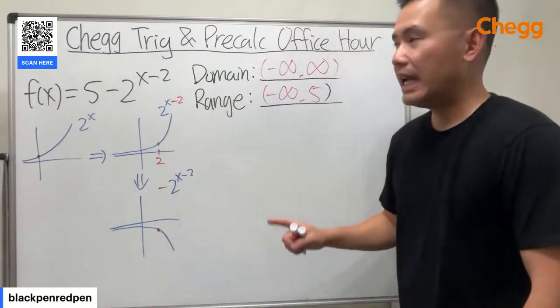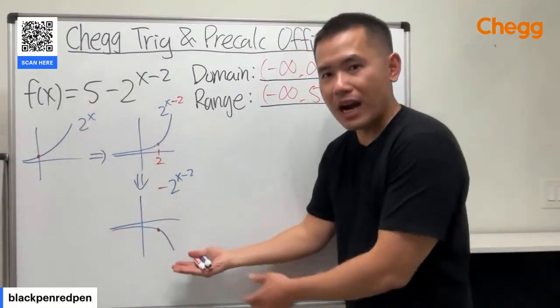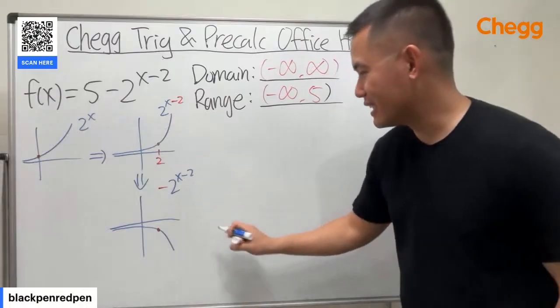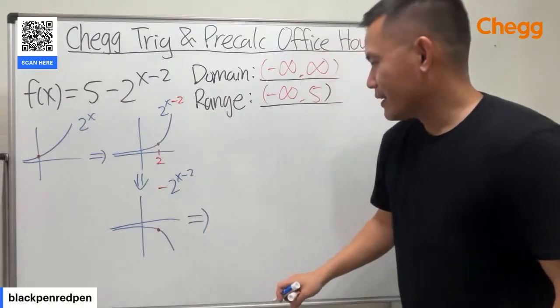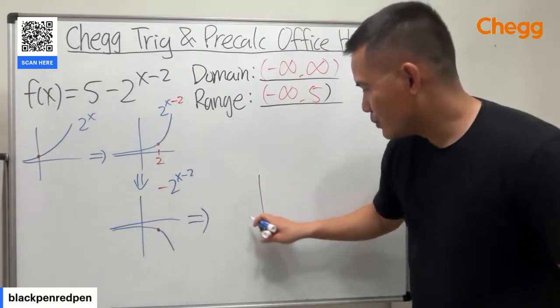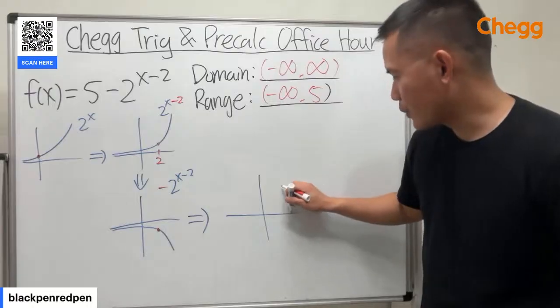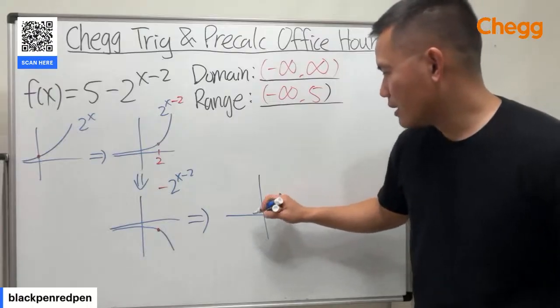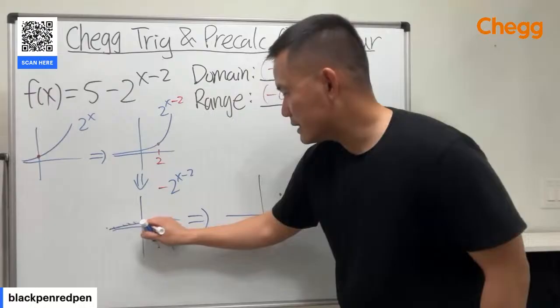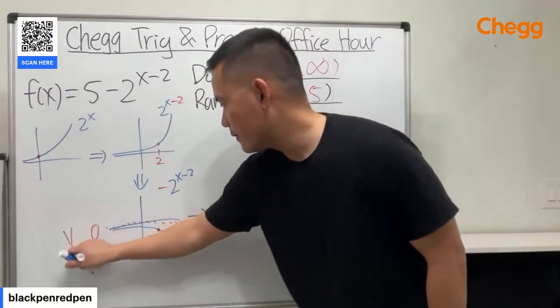Okay. And then lastly, we have to add the 5. So we're going to take this graph and go up 5 times. So it'll be somewhere like right here. But remember, this part right here is the horizontal asymptote, which is at 0, right?